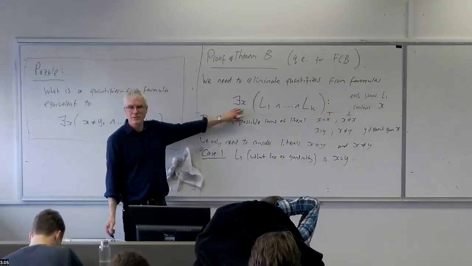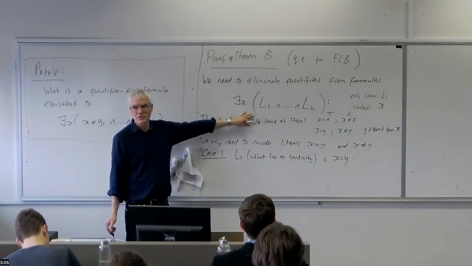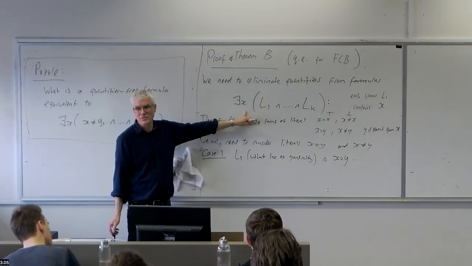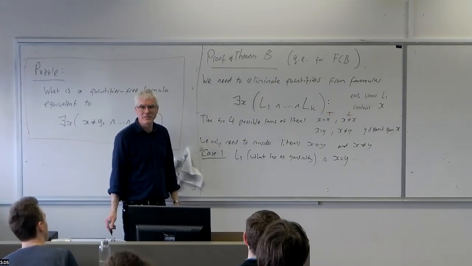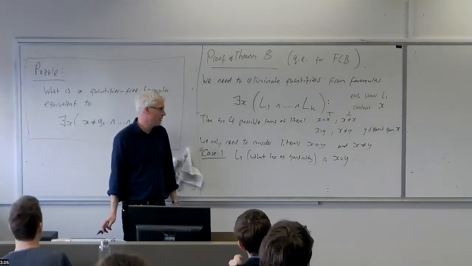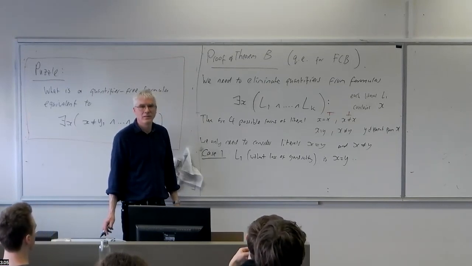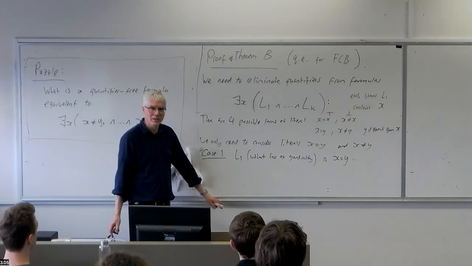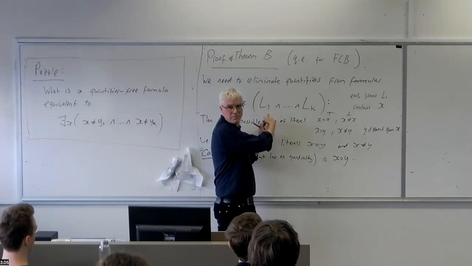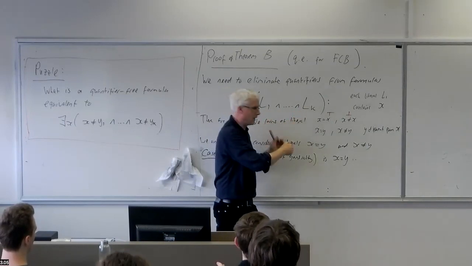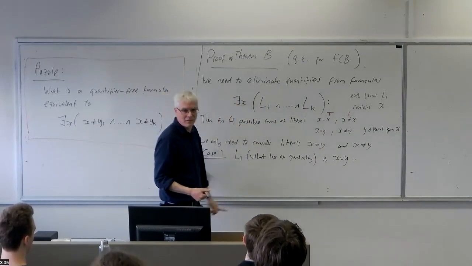So now there's an absolutely easy quantifier-free conjunction of literals that's equivalent to this existential statement. Can anyone see it? That involves at most the same three variables. You simply, very good, replace x with y everywhere. If this is going to be true for an x equal to y, then it must be true if we replace x with y everywhere. And then we don't have the existential quantifier anymore.